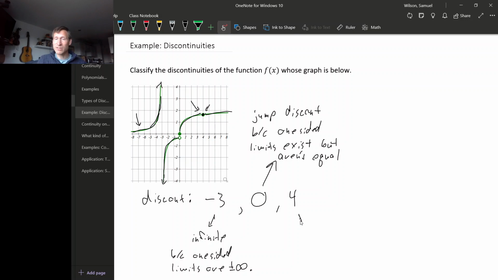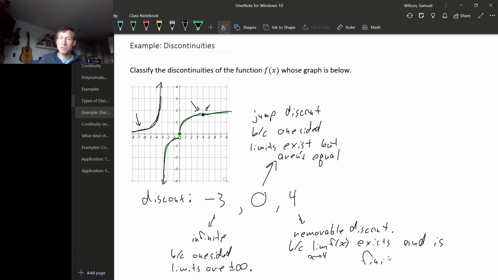And that means that this is a removable discontinuity, because the limit as x goes to 4 exists and is finite. So we could make it continuous if we just redefine the function at this point.